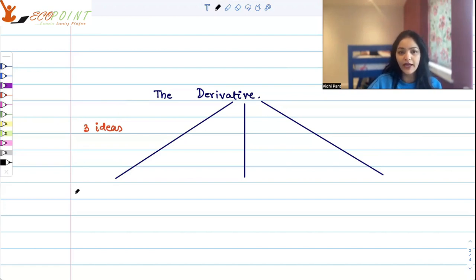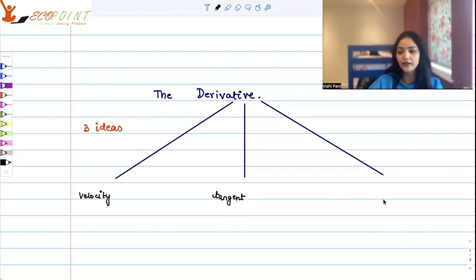The first idea is the idea of velocity. So it's easy to actually understand derivatives in terms of velocity. Then we all know that derivative is associated to tangent, right? So the second idea that we will work on is the idea of tangent.